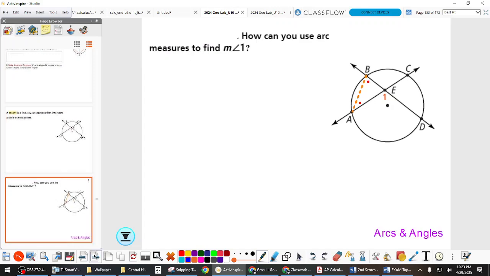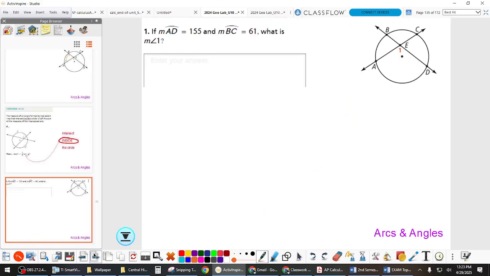So something like that. It's telling us AD is 155 and BC is 61. So what would you do? That's the easier version.